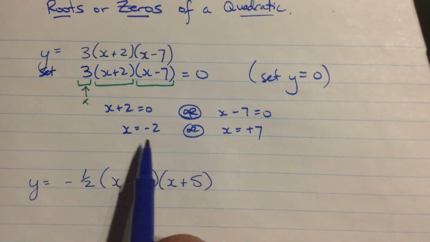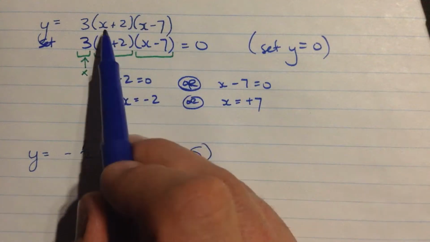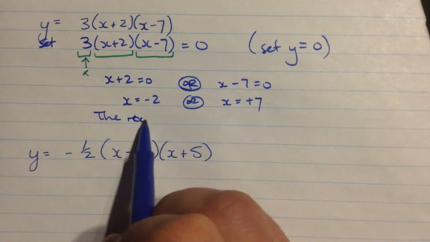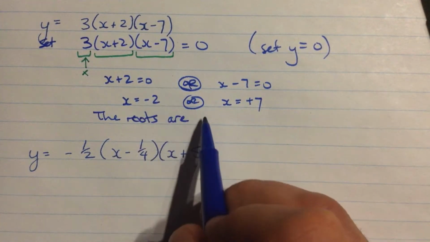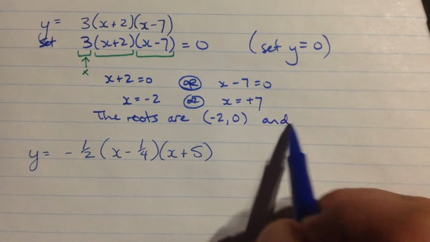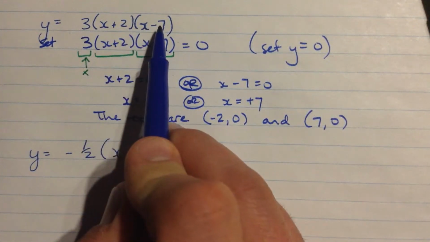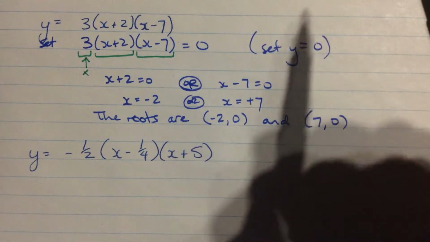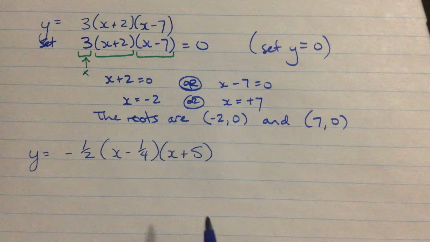These 2 values tell me the roots of this equation right here. So I'm just going to write down the roots, or the zeros. They happen at these places, but that means the points are (negative 2, 0) and (7, 0). And if I were to graph this curve, this is an upward facing parabola, so it would have that upwards U shape, and it would cross the x-axis at these 2 specific points.